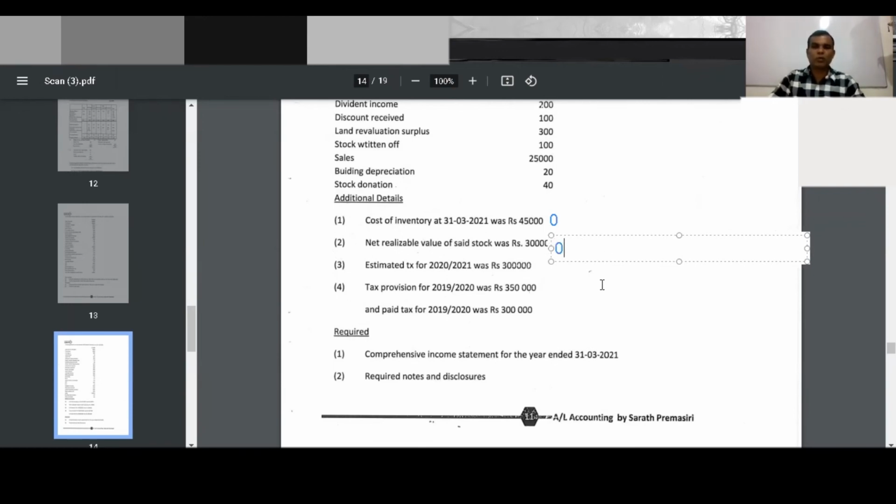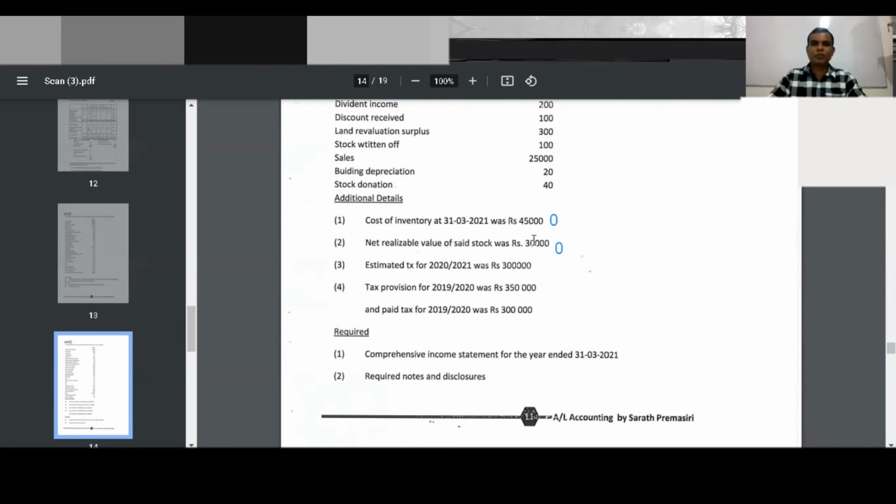Then closing stock is 450. Then net realizable value is 300. Now this 450 should be recorded under closing stock when calculating cost of sales. Understand? 450 should be subtracted when calculating cost of sales.